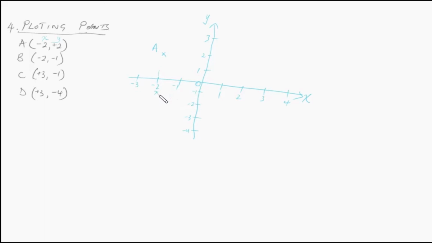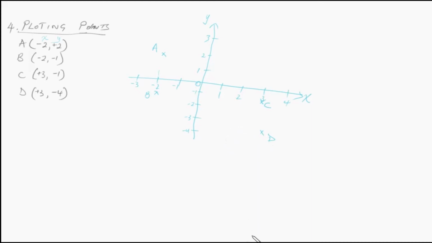This point will be point B. Then (3, -1): this point would be here as point C. Now (3, -4): this point would be somewhere here as point D.